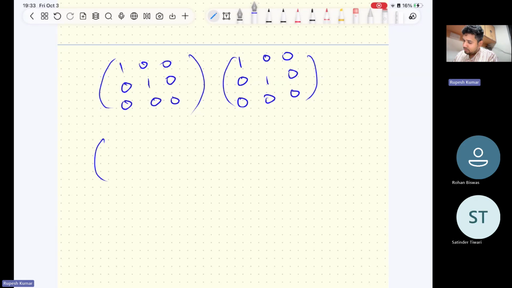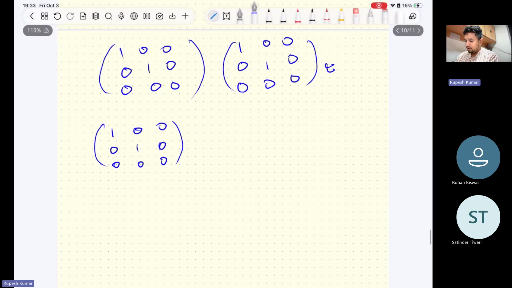Multiplying by 1 0 0 gives 1 0 0; this is 0 times this plus 1 times this, giving 0 1 0, and then 0 0 0, right? So yes, this is a projection matrix that projects all the vectors onto the XY plane, right?